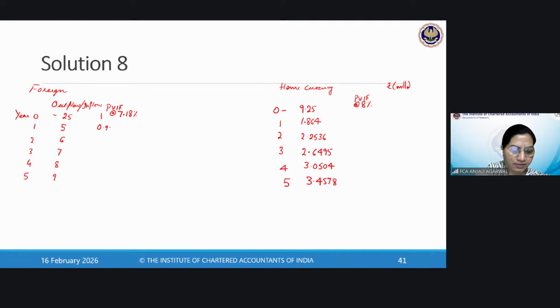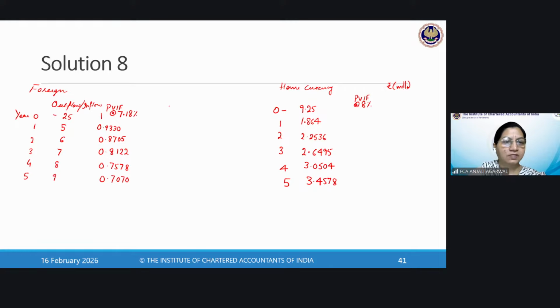For second year it is 0.9330, 0.8705, 0.8122, 0.7578, and 0.7070.